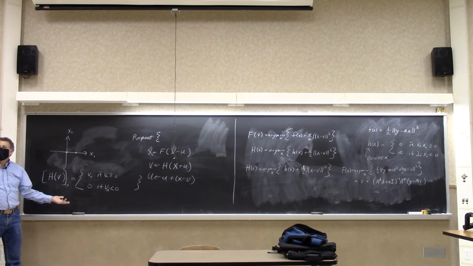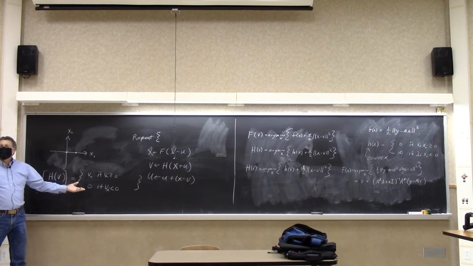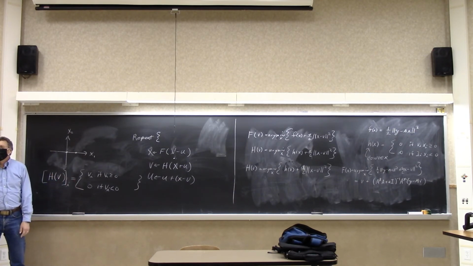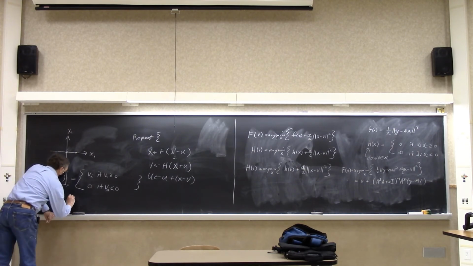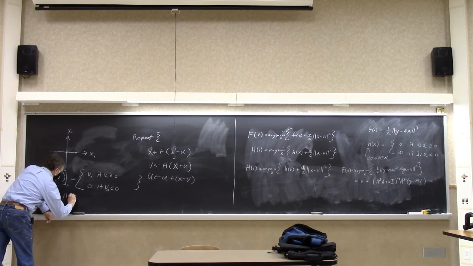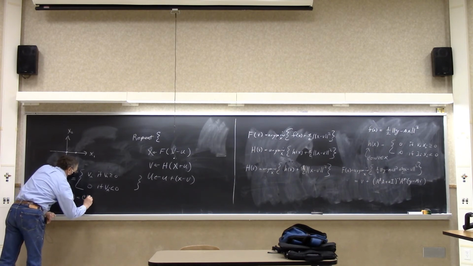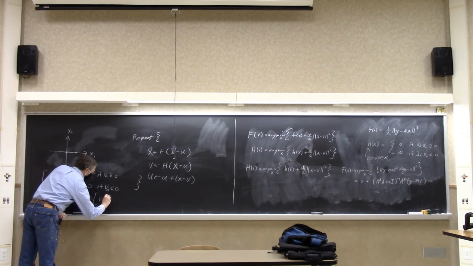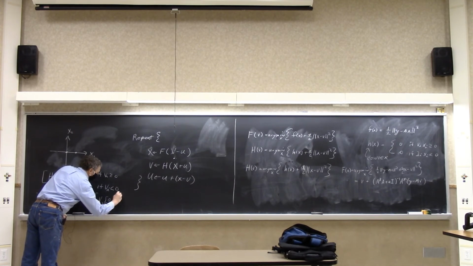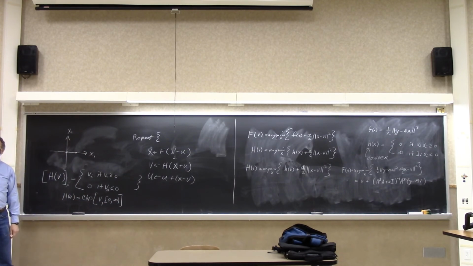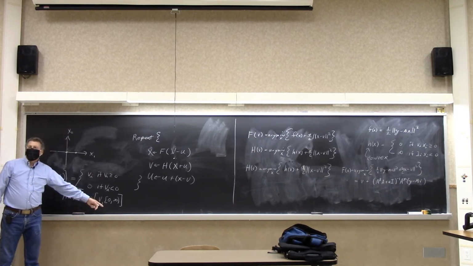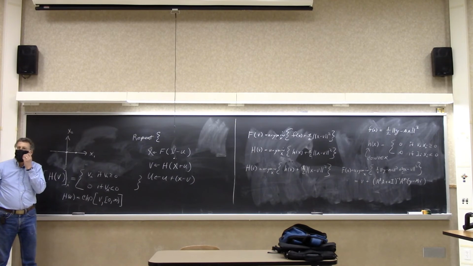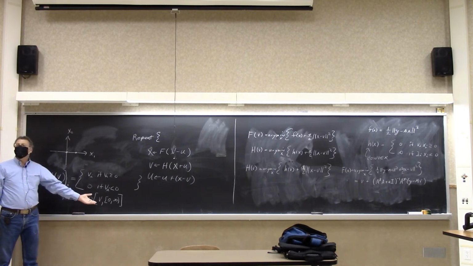Yeah, there's a clip function. So h of v is equal to clip v onto the interval 0 to infinity, right? I'm making that notation up, but it's more or less clear, right? So that's easy to do, correct?